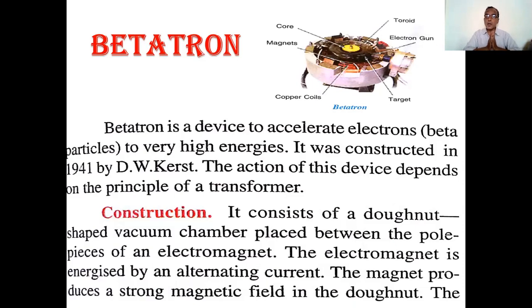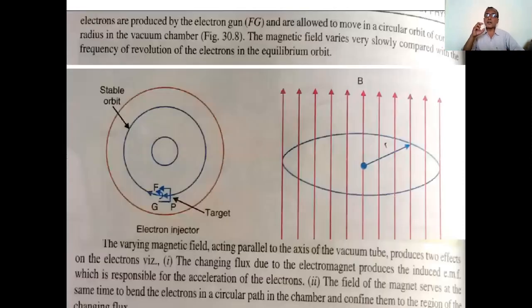The magnet produces a strong magnetic field, as you know, within the doughnut, and the electrons produced in the electron gun are allowed to move in a circular orbit of constant radius in the vacuum chamber. The magnetic field varies very slowly compared with the frequency of revolution of the electron in the equilibrium orbit.